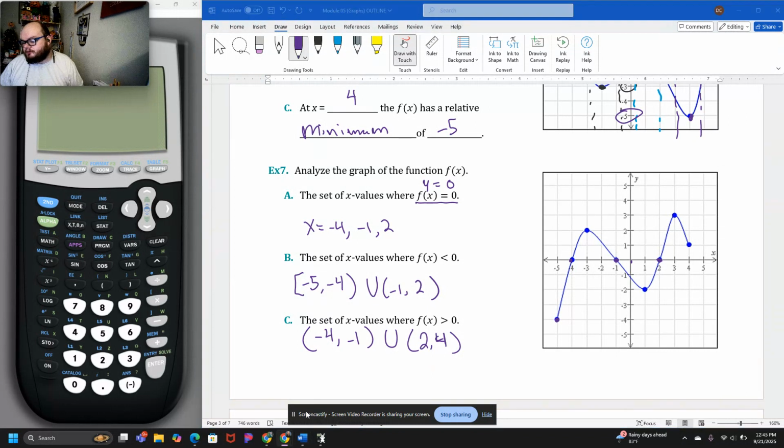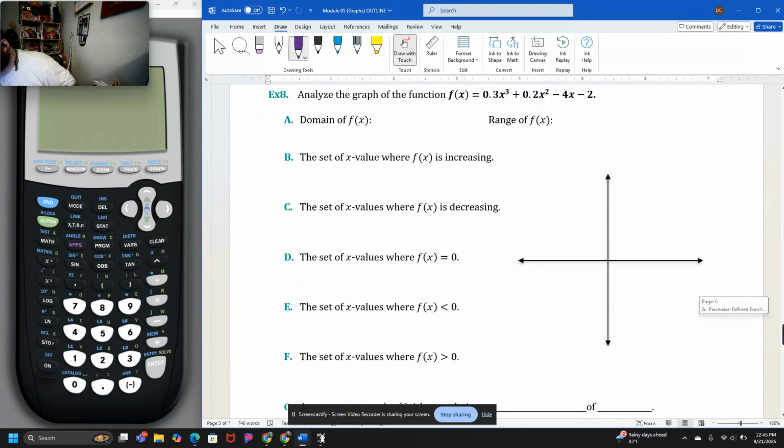Alright. And moving right along, if I can find my friend the scroller wheel. We are analyzing the graph of the following function here, okay, and it's a cubic. The domain and the range should be -infinity to infinity, because I see nothing that's restricting it.